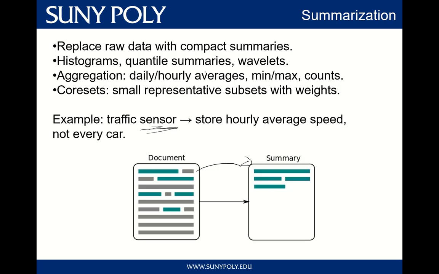So you need to compute metrics in some cases. For example, a traffic sensor can store the information of every single car, but maybe that's not what you need. Maybe what you need is just to compute the hourly average speed. Maybe this is a more important variable in your analysis, right?